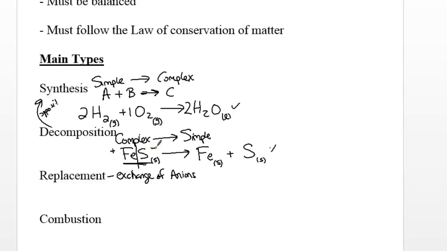Sulfur is negative, that's called an anion. And what happens is you have these reactants, and they exchange ions. Like you might have a simple element in a more complex compound, and then the simpler one takes hold of the anion, and after the reaction, it then owns it. And I'll give you an example of that in a minute. And sometimes they just exchange both of the anions that they have.